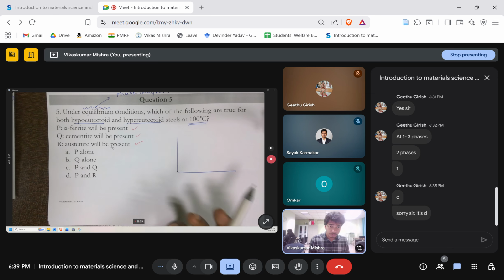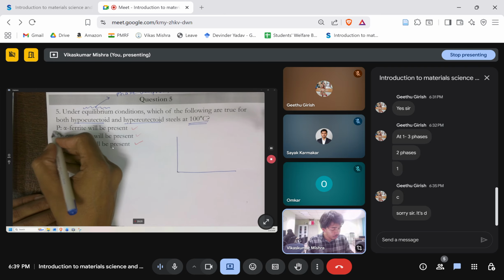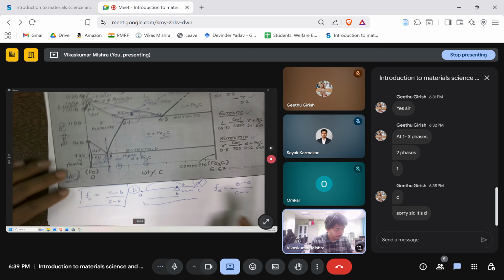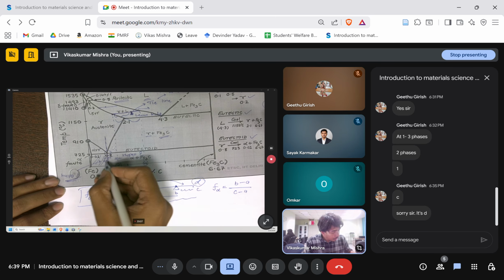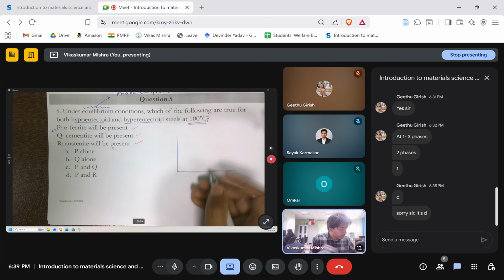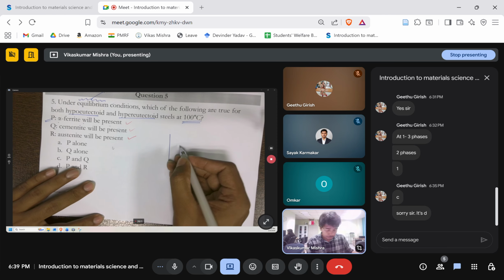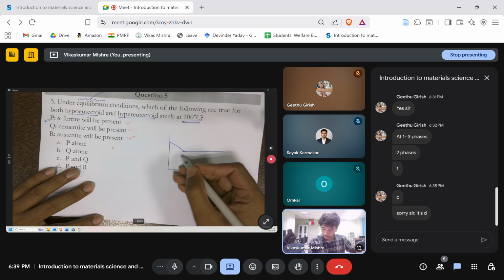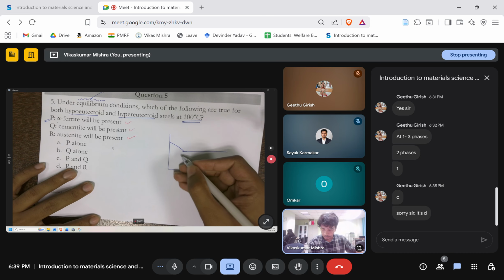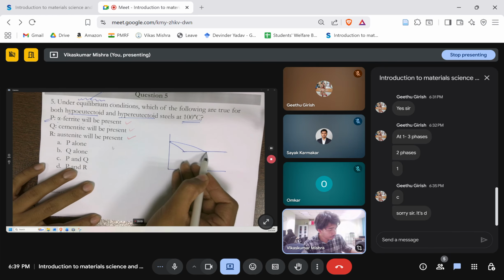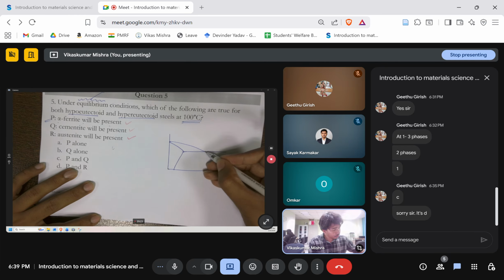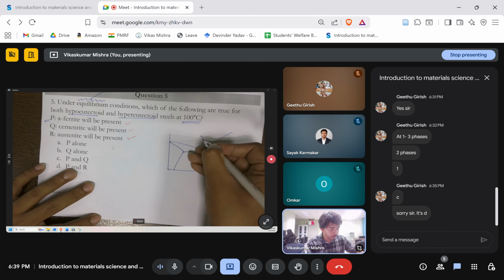Now let's see option A. Alpha ferrite will be present. Better I draw here. The same thing I will draw over here. This is austenite.